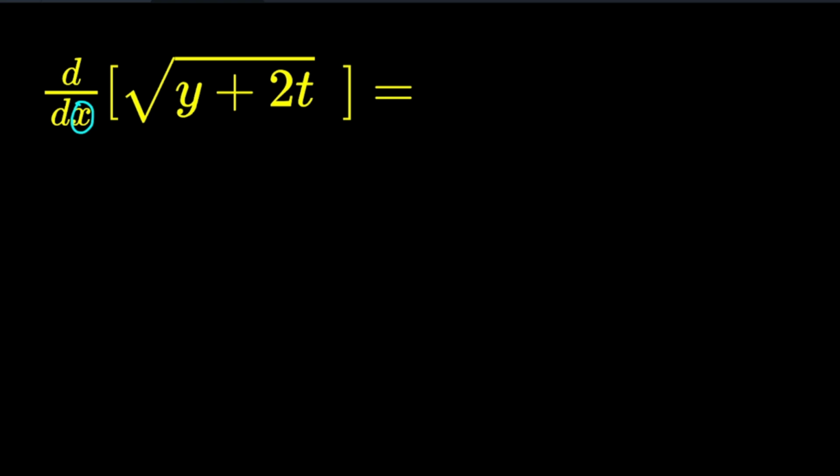So let's be careful. We can start by rewriting the expression because the square root, we're going to need to treat it as a 1/2 power. And since the last operation that happened there is the exponent 1/2, we're going to use the power rule to start taking the derivative.